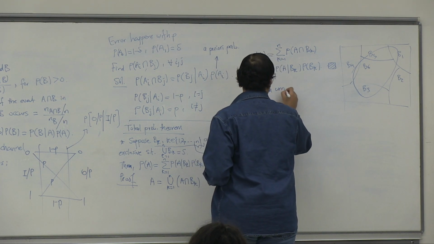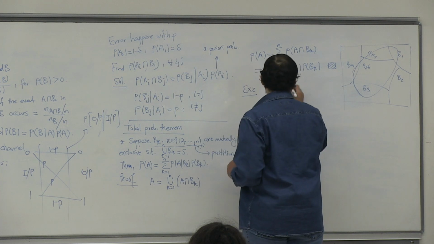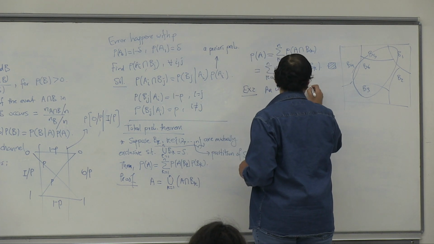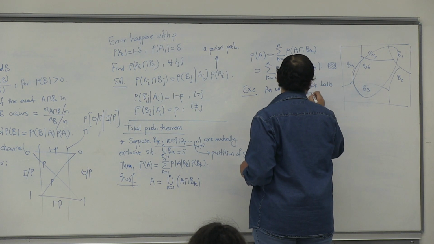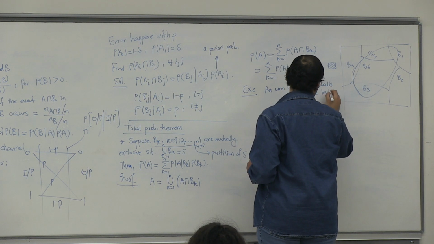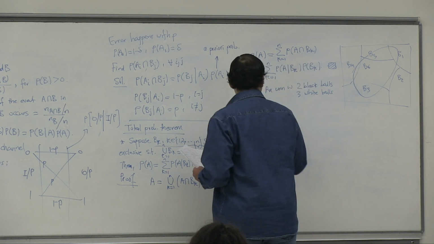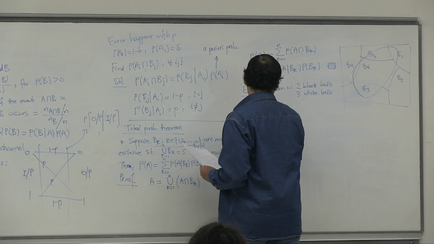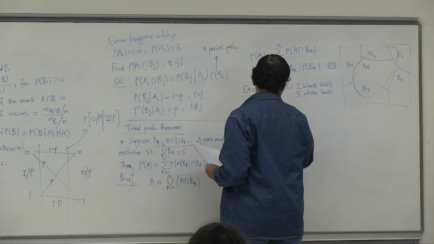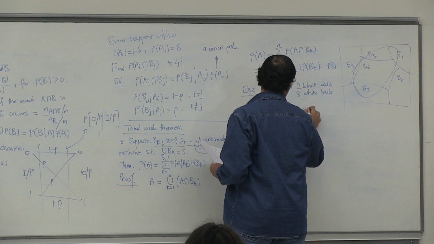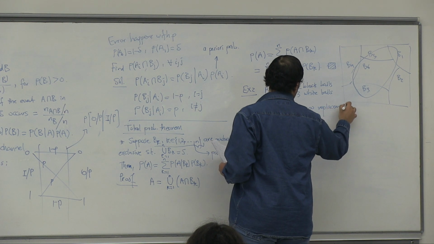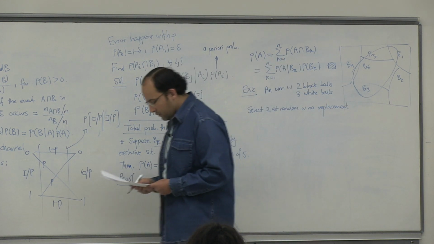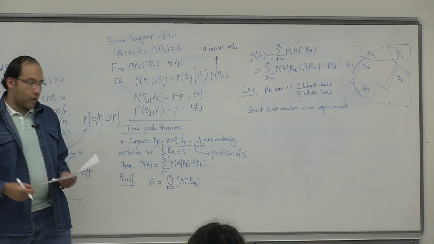So we have an urn, and that urn has 2 black balls, 3 white balls. You select 2 at random with no replacement, and you note the color.